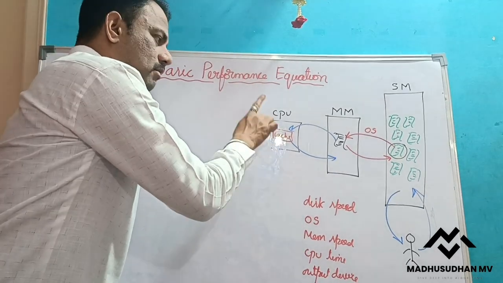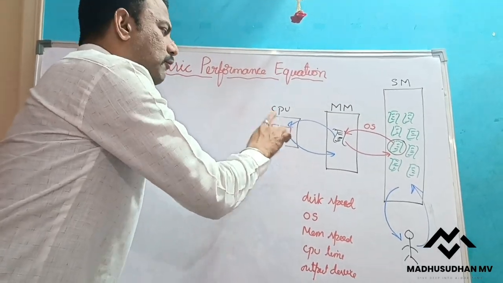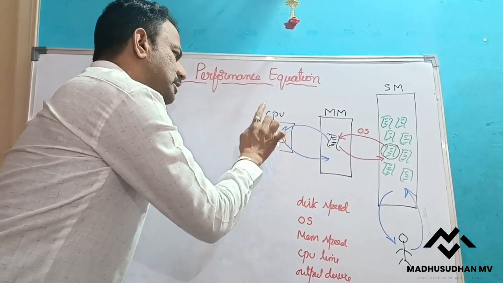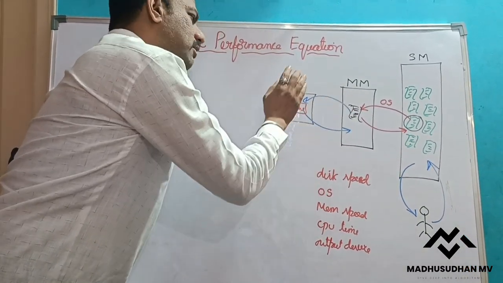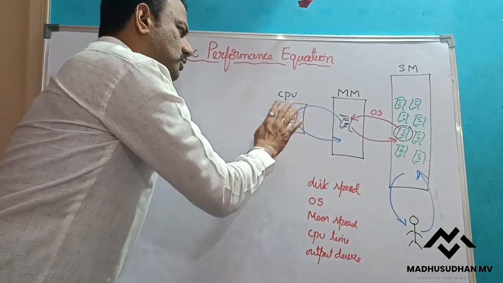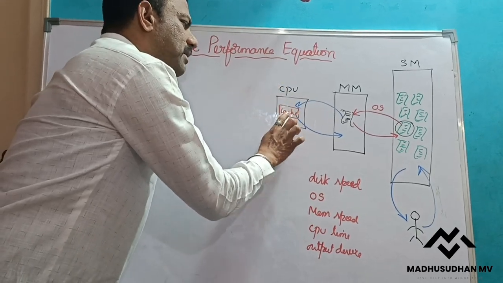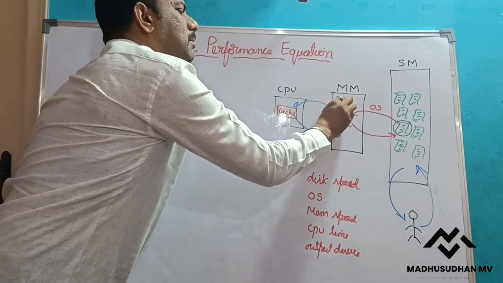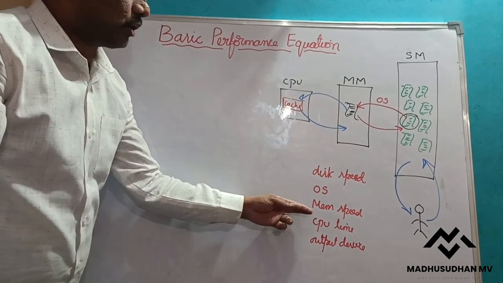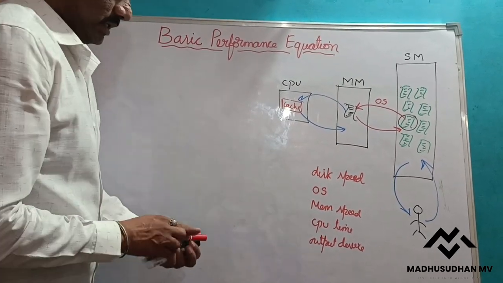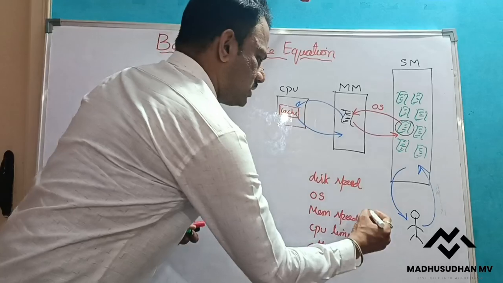Next time whenever it wants the instruction, first it checks the cache. If it is present in the cache memory, there is no need to go to the memory, it will execute right there. If the instruction is not present in the cache, only then it goes to the memory and takes the data. So this cache memory is used to increase the memory speed. This we discussed, this is done.